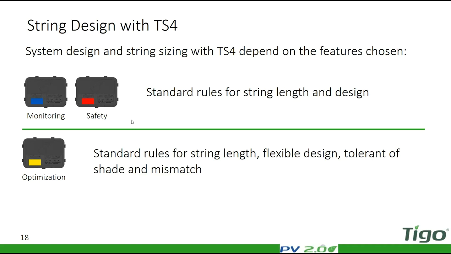Use the exact same design guidelines and layouts as you would with standard modules. Now, TS4 optimization, TS4 RO, gives you a lot more flexibility, and this is what we're going to talk about.